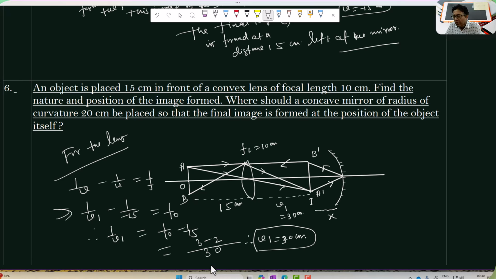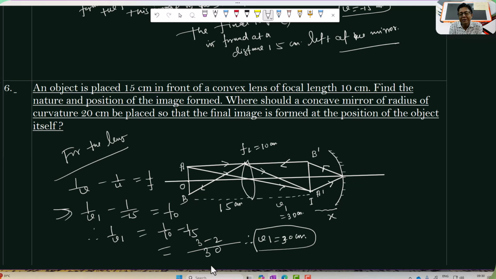For the concave mirror, the image and object must coincide. So it must be situated at the radius of curvature.